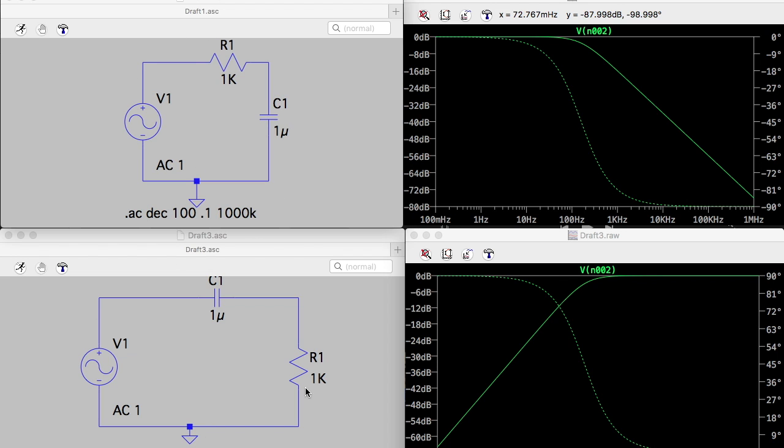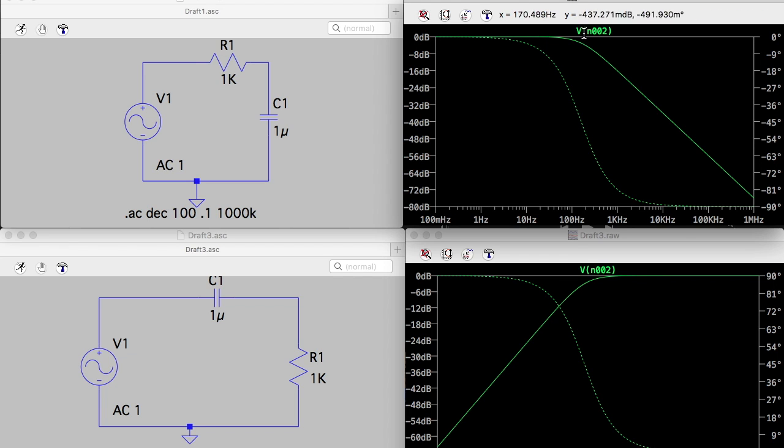Alright, so I constructed LTspice simulations of a low pass filter and a high pass filter. If we take a look at the low pass filter and run it, and compare it to our pen and paper, we see that at low frequencies, the input equals the output.